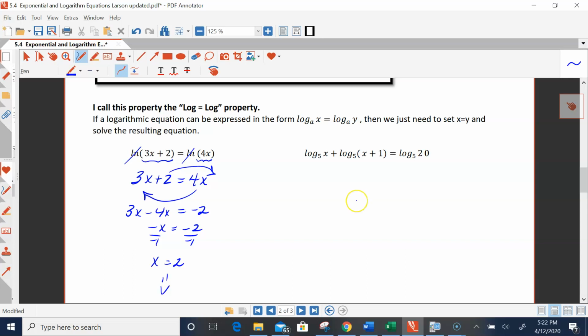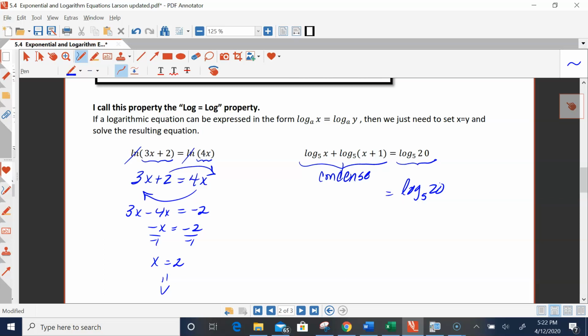This next one, we're going to have to do something with it first before I can apply this one-to-one property, because I don't have a single log on the left equal to a single log on the right. I've got a single log on the right, but it's the left part that I'm going to have to condense into a single logarithm before I can apply this property.